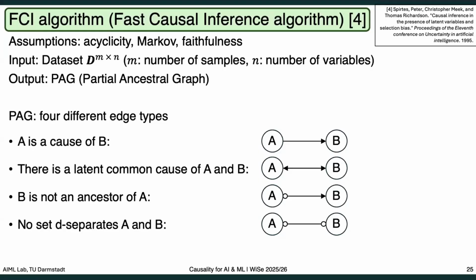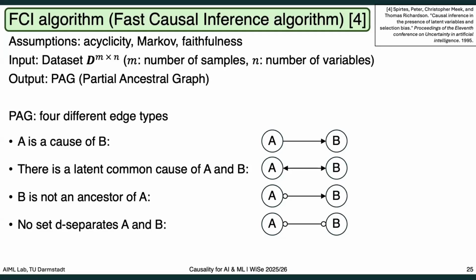And that's what I meant with PC before. We need new kinds of edges if we want to argue about causal sufficiency. So that's how FCI is doing that, by adding these types of edges. And then the small circle in the third and fourth example basically means this could be both an arrowhead or not an arrowhead. Or, a bit more semantically, either this turns into not an arrowhead, so A is a cause of B, or this turns into an arrowhead, so we have a latent common cause.